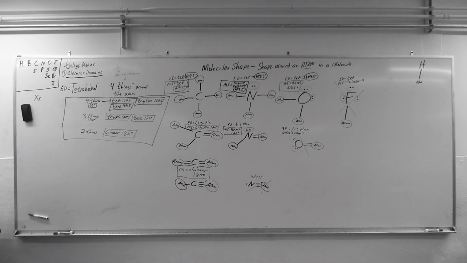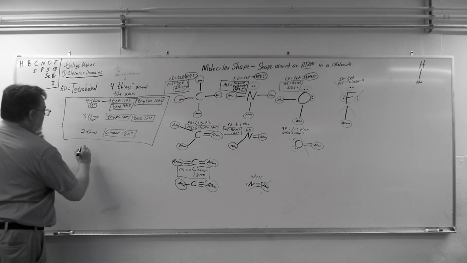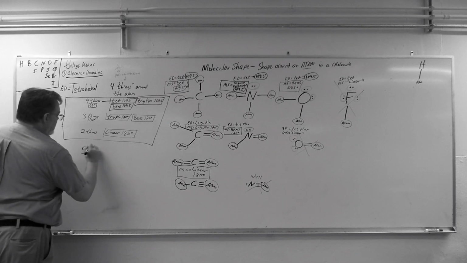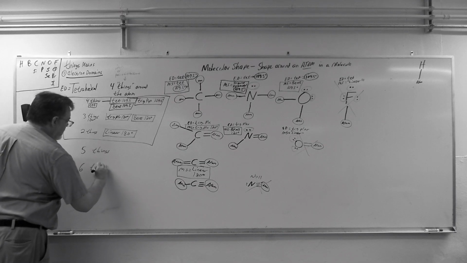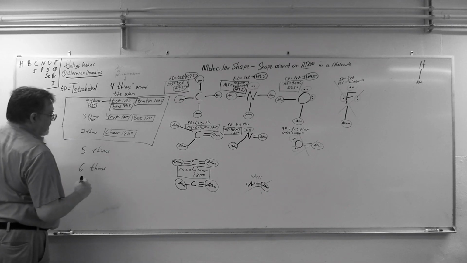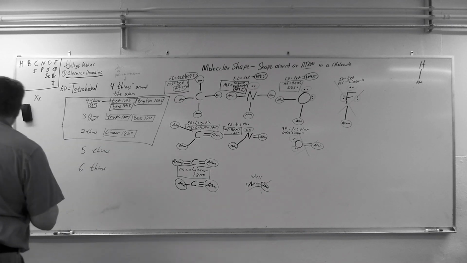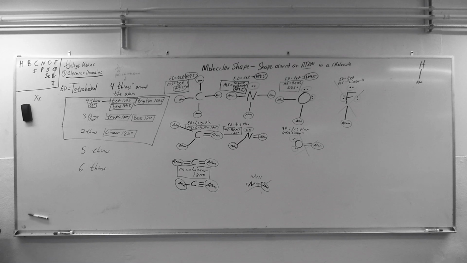And I want to erase this and deal with 2, 3, 4. There are 2 more of these electron domain shapes to show you. These occur when there's an expanded octet.